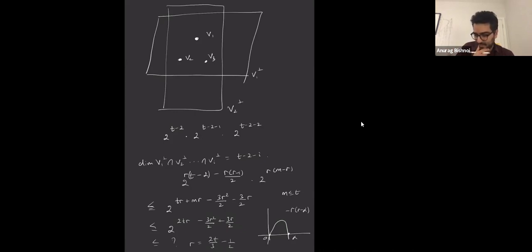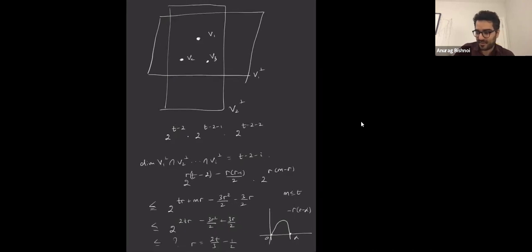But now that we have gone through this whole course of finite geometry, can you tell me if this is good, or can we actually do something better? Can we pick some other value of R where this function is actually maximized? Anything in the chat? Of course, not from Yuval because it's from his paper, so he should know. But anyone else? I'm saying the function actually never reaches this point.